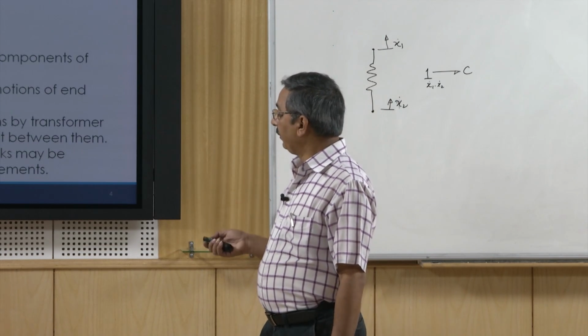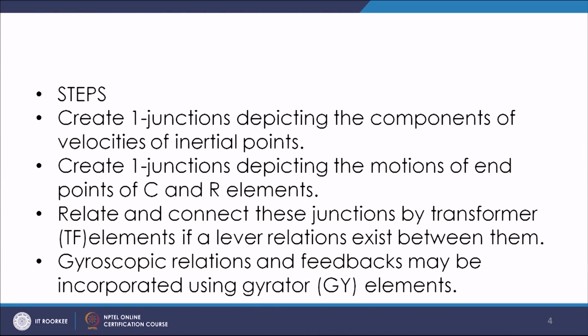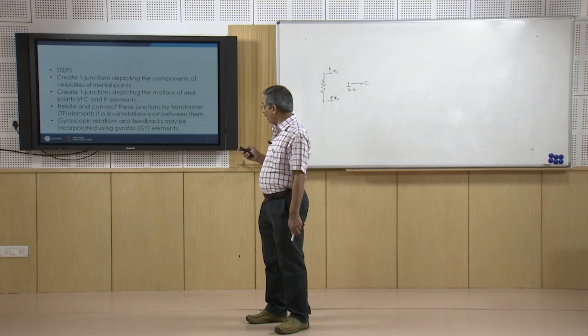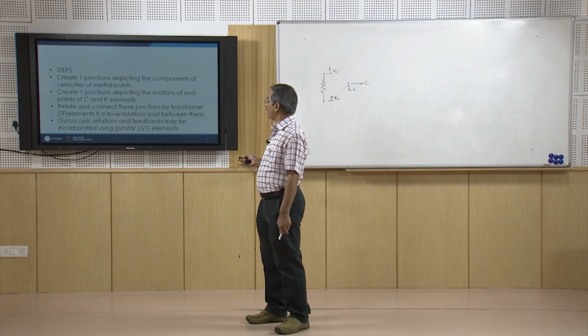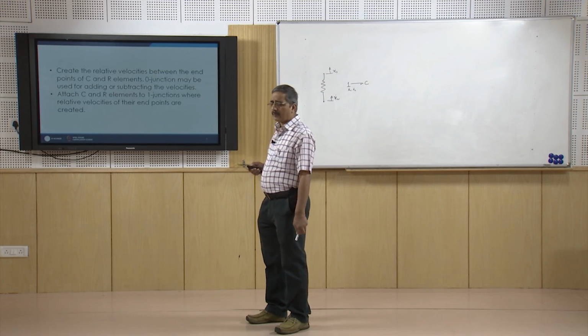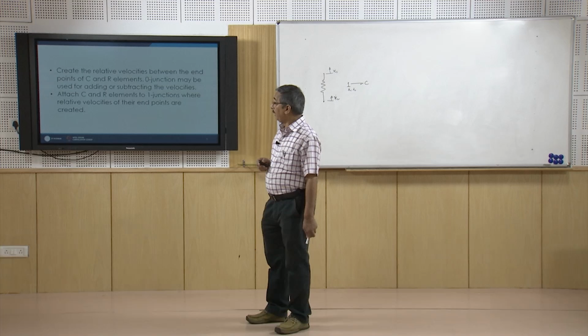Now, relate and connect these one junctions by a transformer element if a lever relation exists between them, and if a gyroscopic relation and feedback is there, then we can use a gyrator element. This is how we can proceed with drawing the bond graph model.